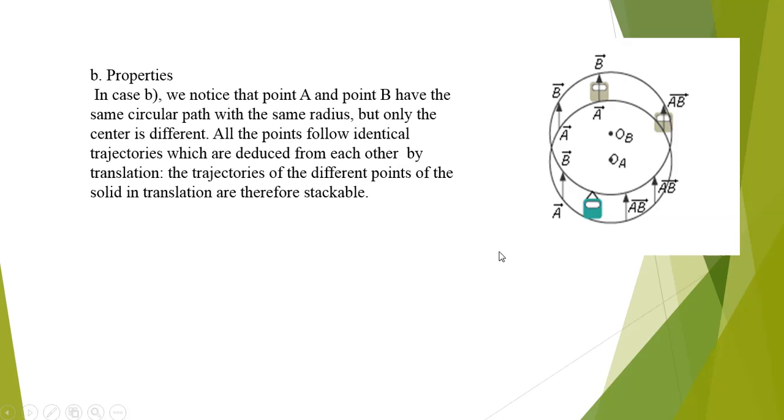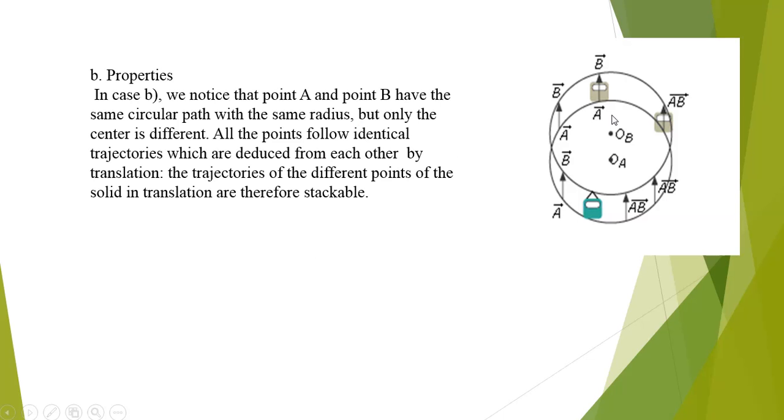In figure B, we notice that the point A and the point B have the same circular path with the same radius, but only the center is different. This is the circle described by the point B, and this is the circle described by the point A. If we compare the trajectories of A and B, we find that these trajectories are circular.